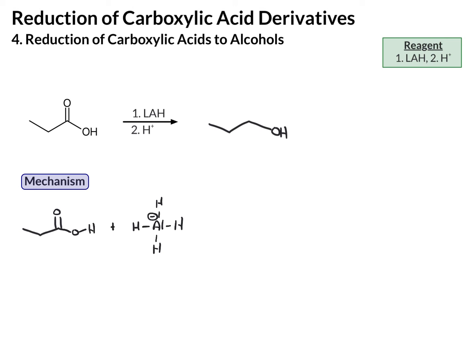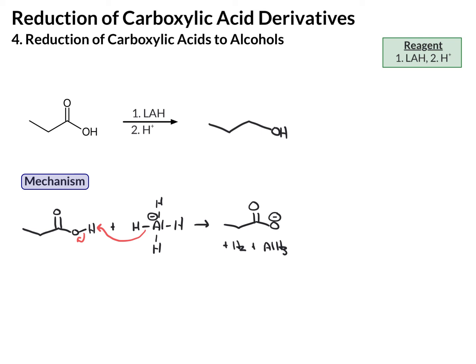So what's going to happen in this first step is the hydride is going to come from the aluminum and take the proton. So this first step can be quite reactive, so you have to do it carefully and slowly. We end up with this carboxylate anion, plus you get hydrogen gas, plus AlH3.